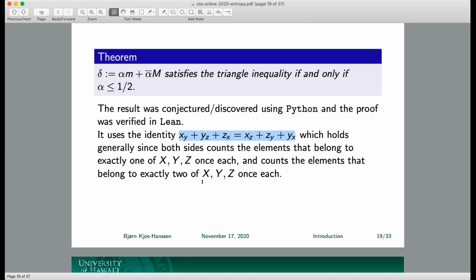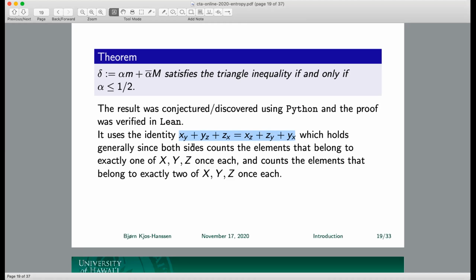So this is saying that if you look at the number of elements that either belong to X and not Y, or they belong to Y and not Z, or they belong to Z and not X, that's the same as the elements that belong to X and not Z, or Z and not Y, or Y and not X. And this is a plus because these are all disjoint.